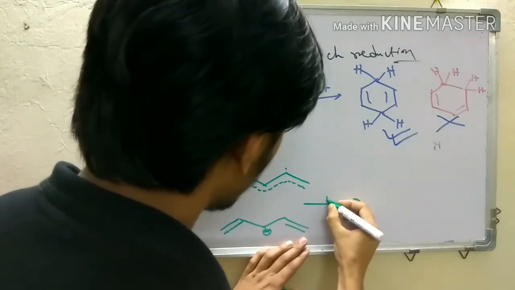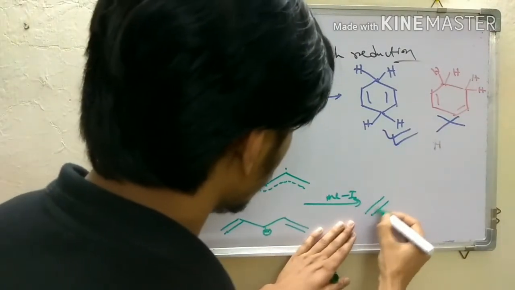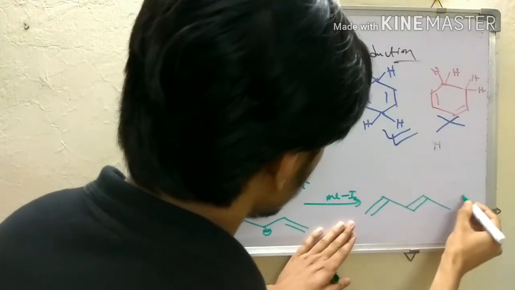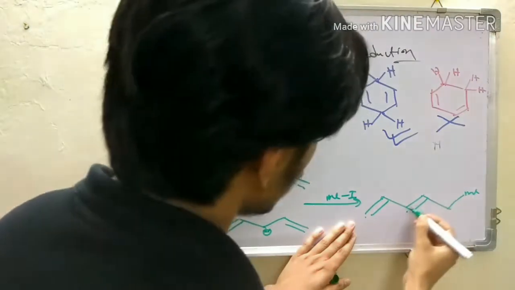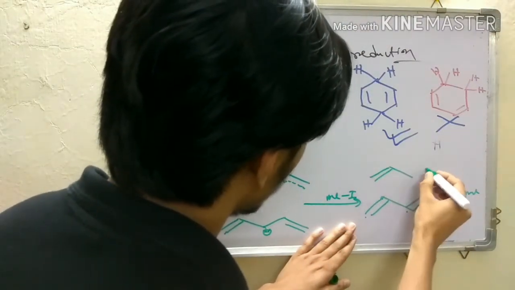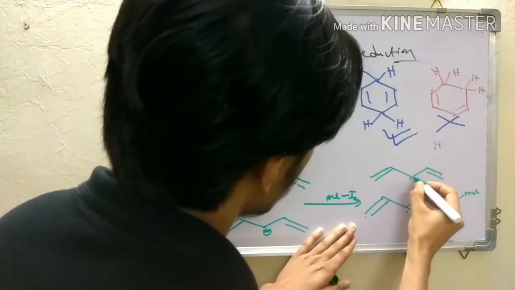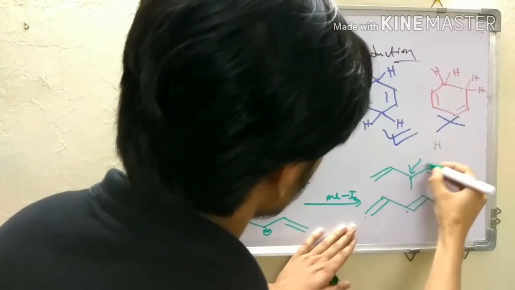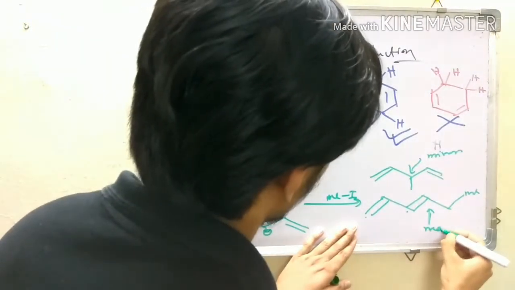And when you alkylate it with methyl iodide, in this case you are getting this product. So 1 2 3 4 5, so methyl. This product you are getting as major, and another product you will get also, so this is minor and this is major.